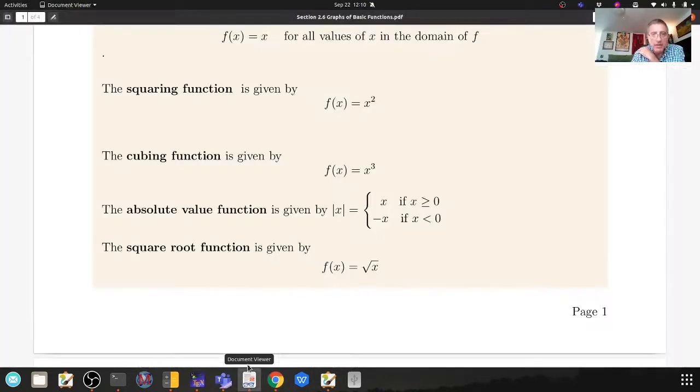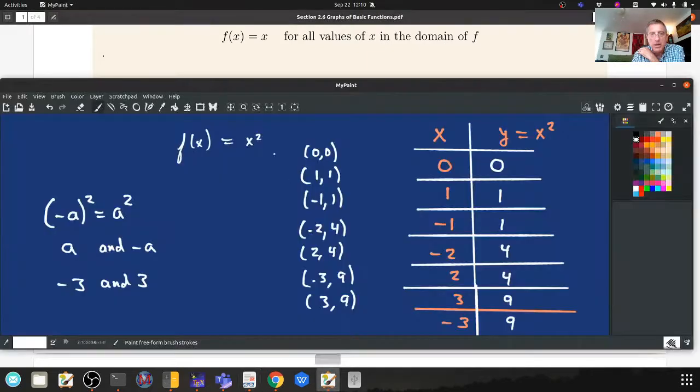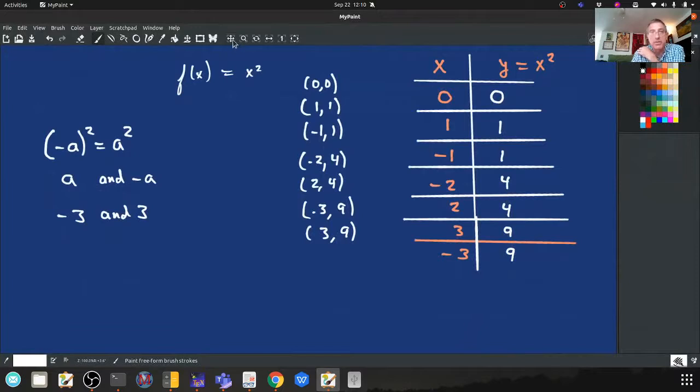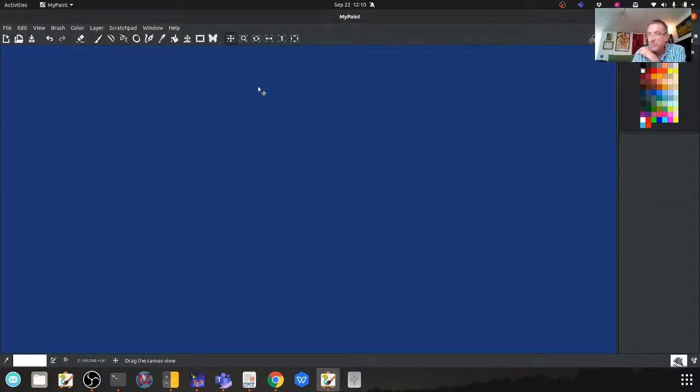Let's do some other graphs. What about the cubing function? It's given by f of x is equal to minus x cubed. In this case, fortunately or unfortunately, you decide, we have an odd power.